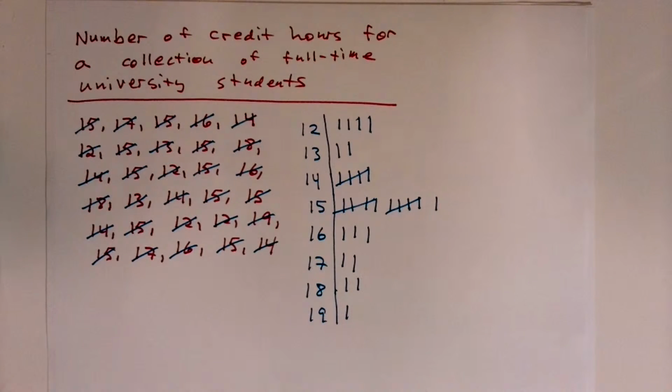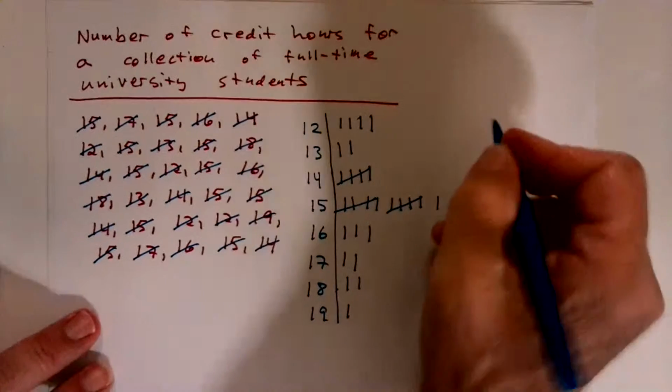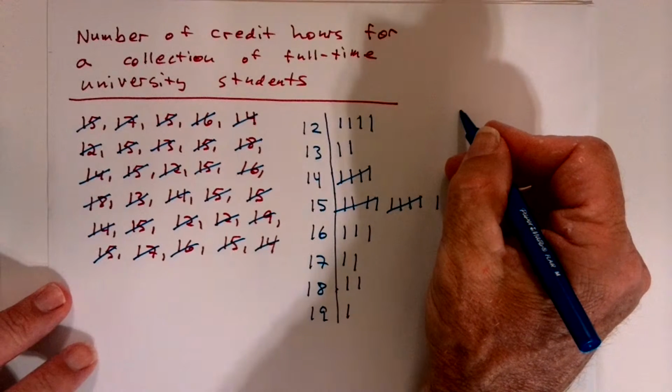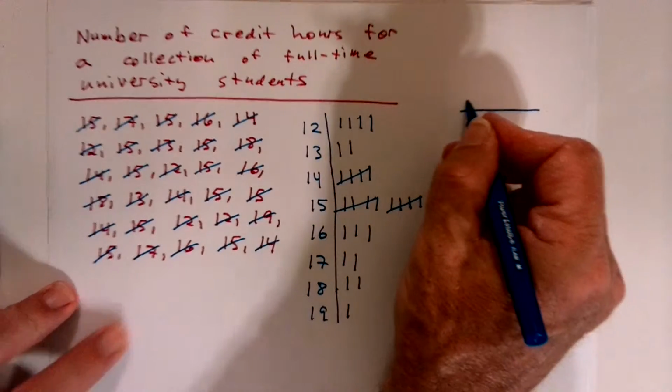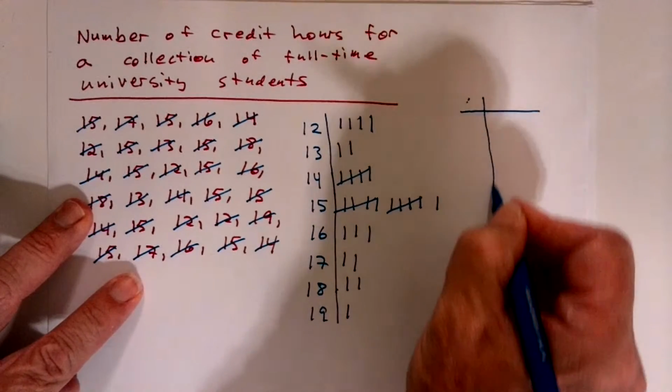So you can see that's a rather tedious exercise to go ahead and list all of those. And then we create a frequency chart counting all of the tallies.